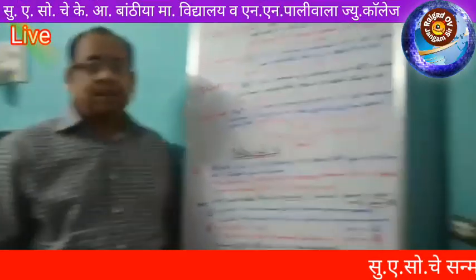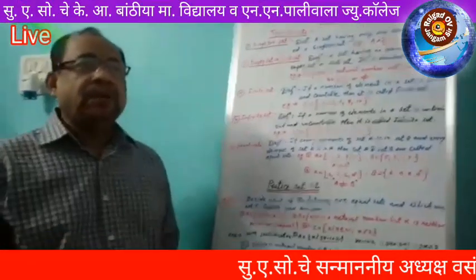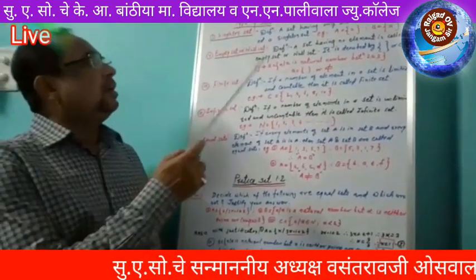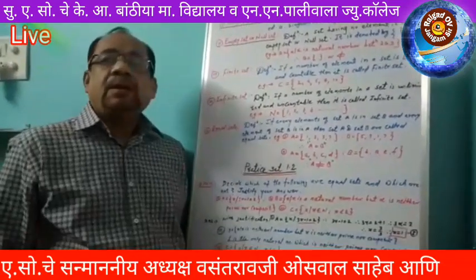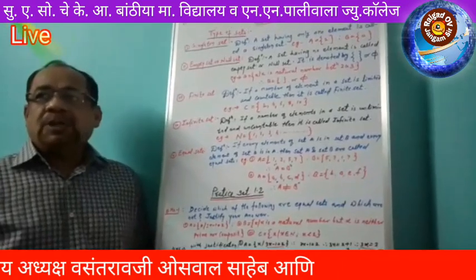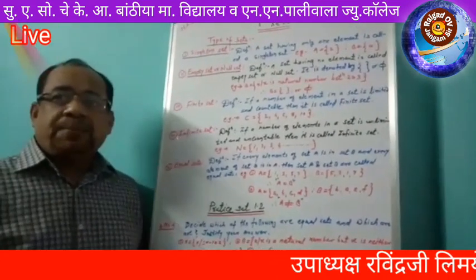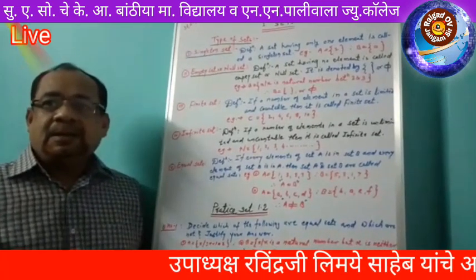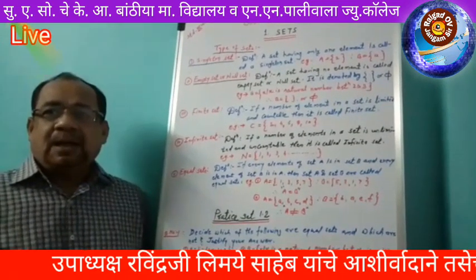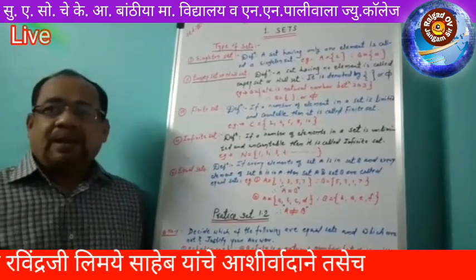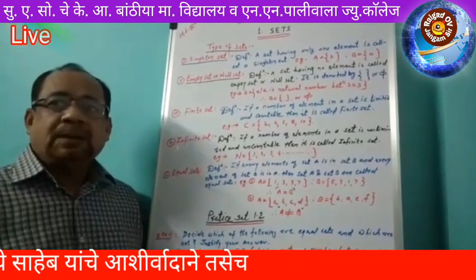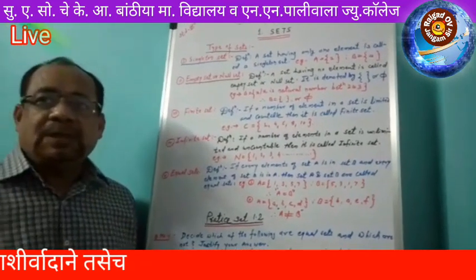Good morning students. In the previous period, in the topic set, we have studied about the definition of sets and method of writing sets like listing method and rule method, as well as we solved practice set 1.1.